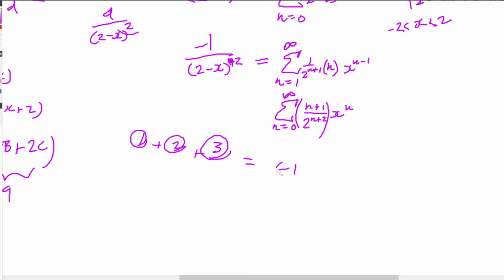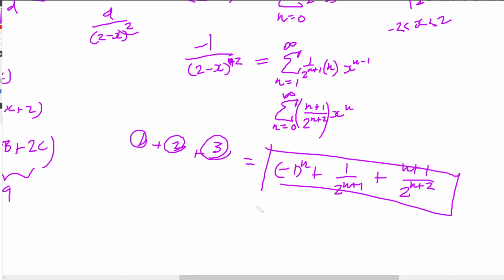And that is minus 1 to the n plus 1 over 2 to the n plus 1 plus n plus 1 over 2 to the n plus 2. Sorry, my writing tablet isn't very good for drawing big boxes.